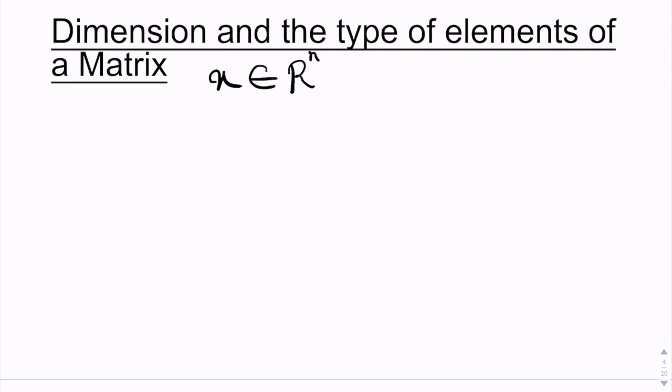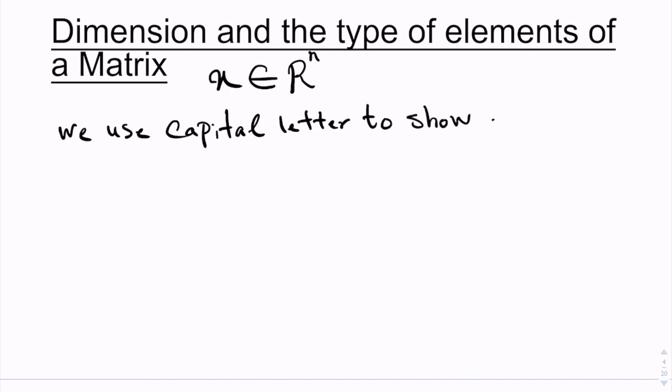For a matrix, we use capital letters to show a matrix.